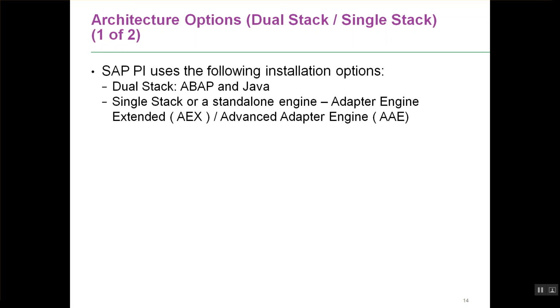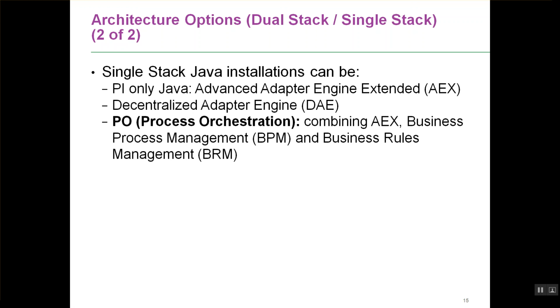And all of this just holds true for PI. So what is process orchestration, right? So process orchestration is nothing but Java only PI, or, I'll correct myself, first I would like to talk about what process orchestration is in that case.